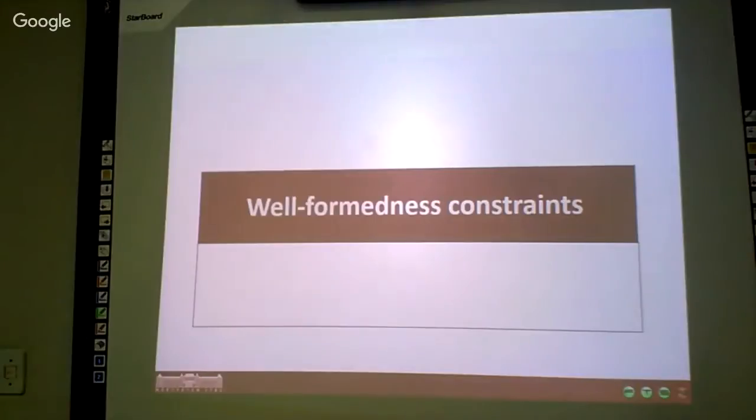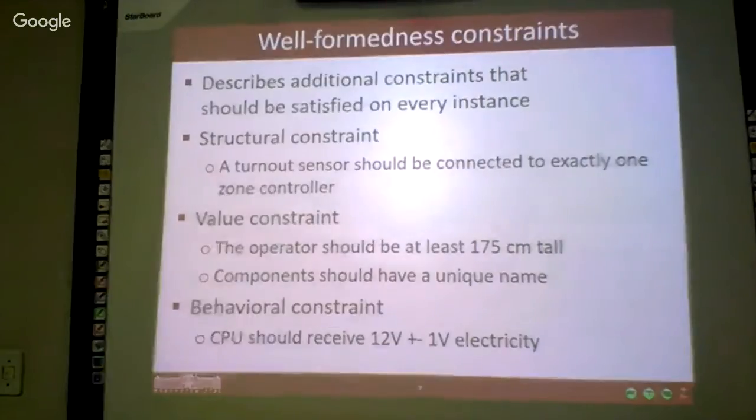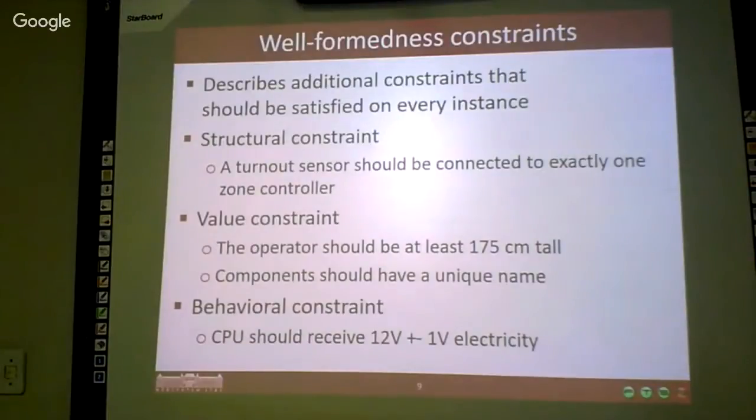It is also important sometimes to define well-formedness constraints. They describe additional constraints that should be satisfied by every instance of your system. They can be structural constraints. For example, a turnout sensor should be connected to exactly one zone controller. There can be value constraints.